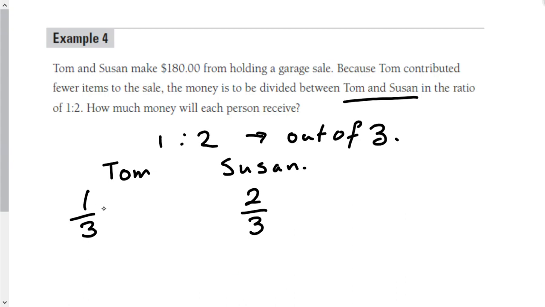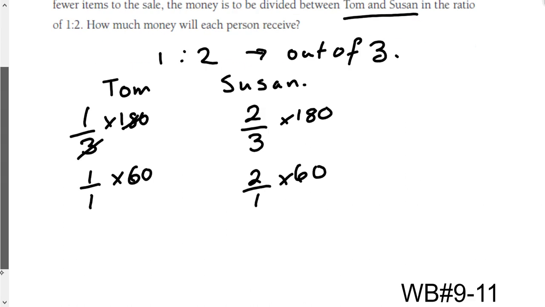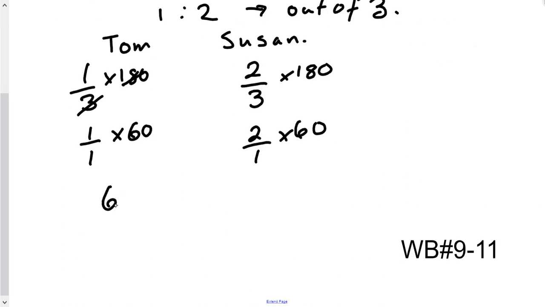So we have to get these to 180, so we're going to multiply this by 180 and this by 180. This is going to reduce. We know how to do this from our last unit. So this is 1 over 1 times 60, and this is 2 over 1 times 60, which gives us that Tom gets $60 and Susan gets $120.